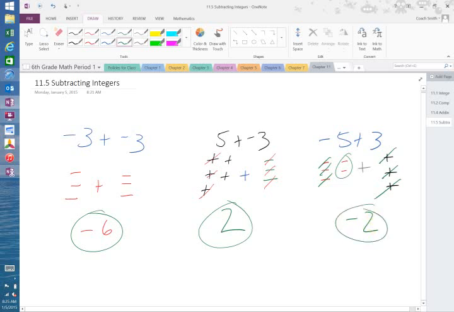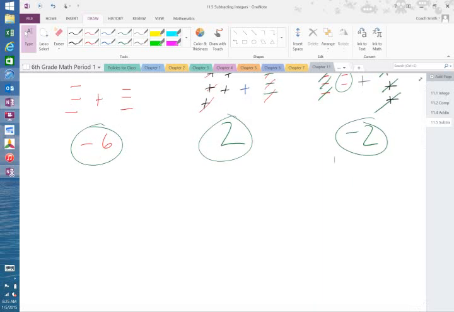And what you're doing there is, remember the rule, that when we have a negative plus a positive, or a positive plus a negative, then you take the absolute value of the two numbers. The absolute value of -10 is 10.